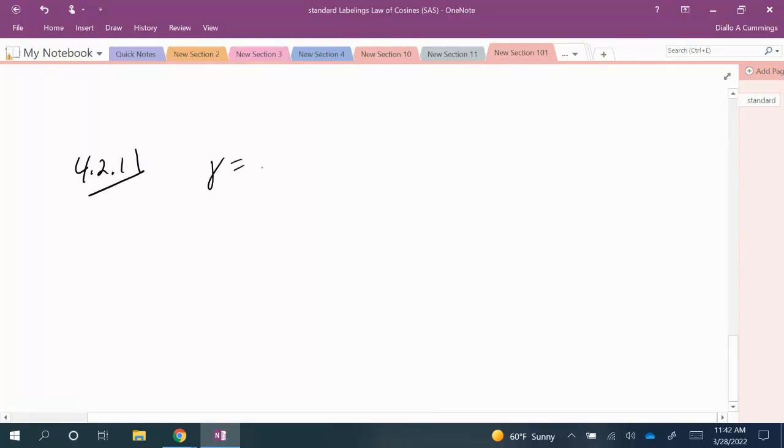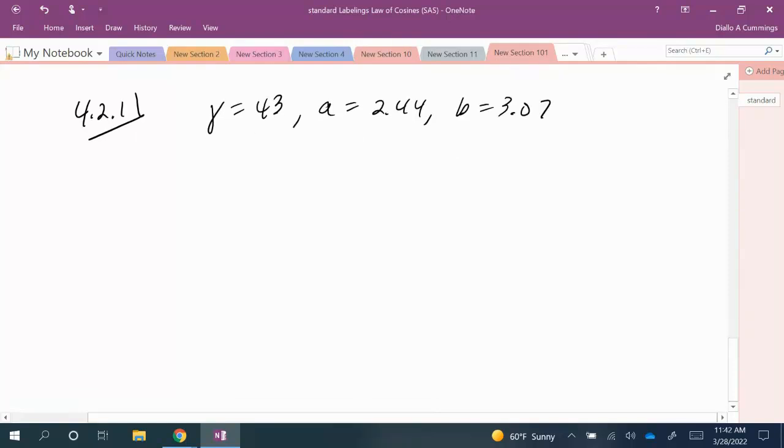Given that gamma is 43, A is 2.44, B is 3.07. All right, so for standard labeling, we have alpha, beta, and gamma.